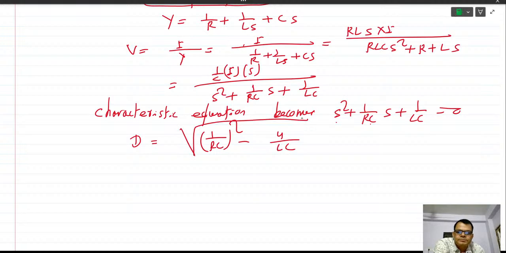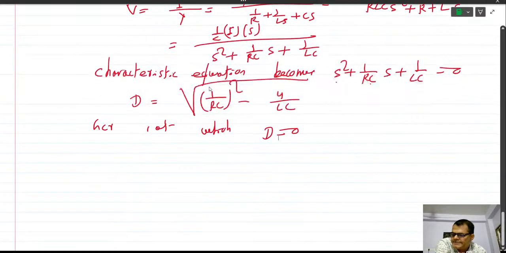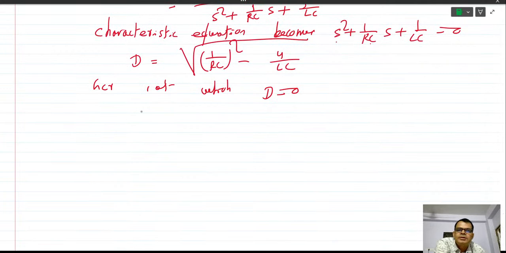How to find the G critical? G critical at which your discriminant D equal to 0. Discriminant D equal to 0. That means 1 upon RC whole square is equal to 4 upon LC.